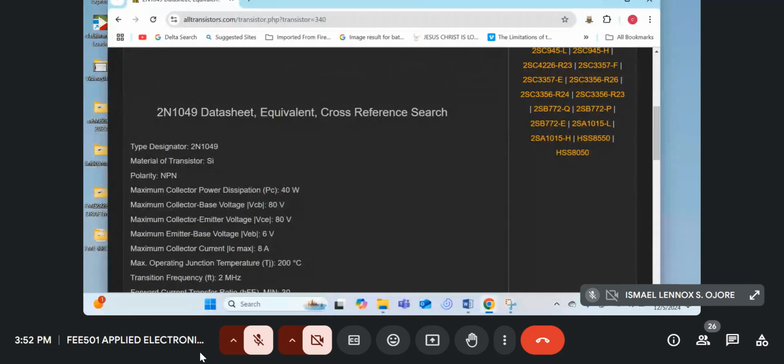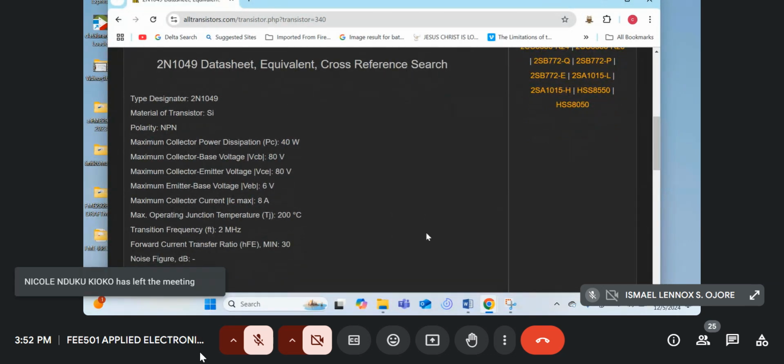Sorry for that interruption. The 2N, sorry, it's 2N1049. This one is 40 watts, 80 volts maximum. What's the current?